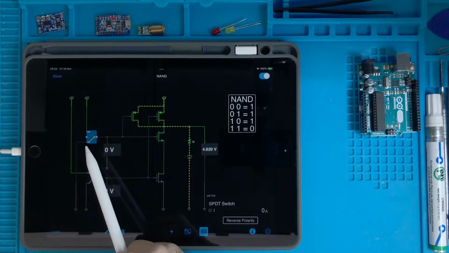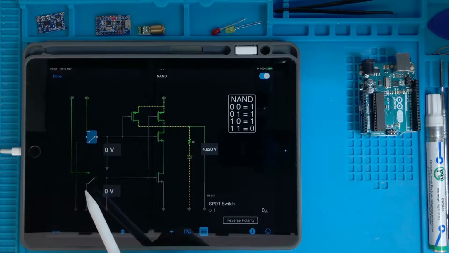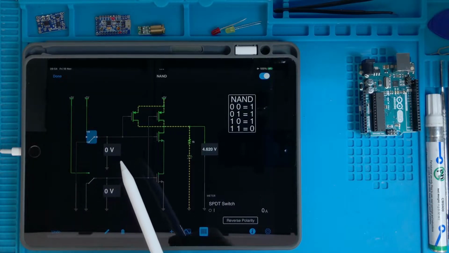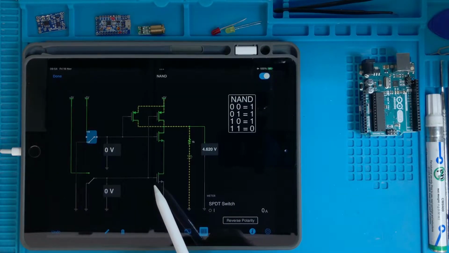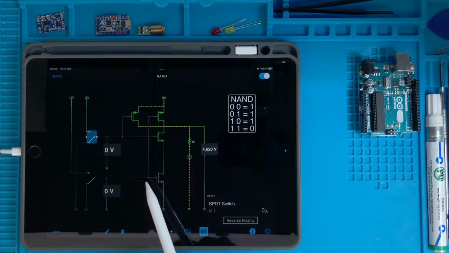So you see what happens if I put both of them at 0, then the pull down network is not activated because the gate voltage is connected to 0.